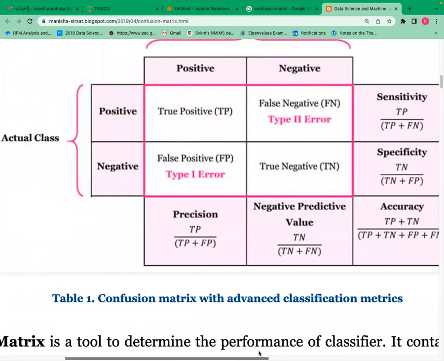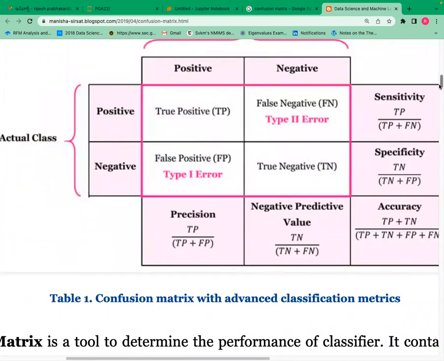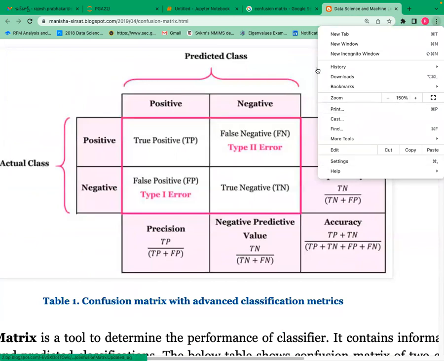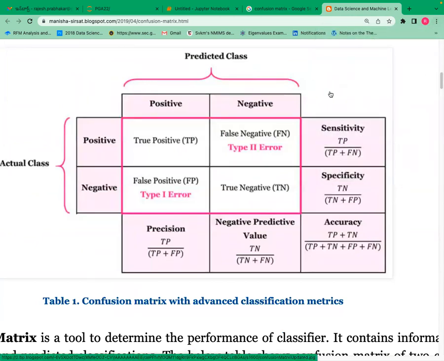Got this? Actual class and the predicted class. Actual class is 0, predicted class is also 0, true positive. Actual class is positive, but the predicted class is negative, false negative. Actual class is negative, but the predicted class is positive, which is false positive. And when actual and predicted class are both negative, we get true negative.